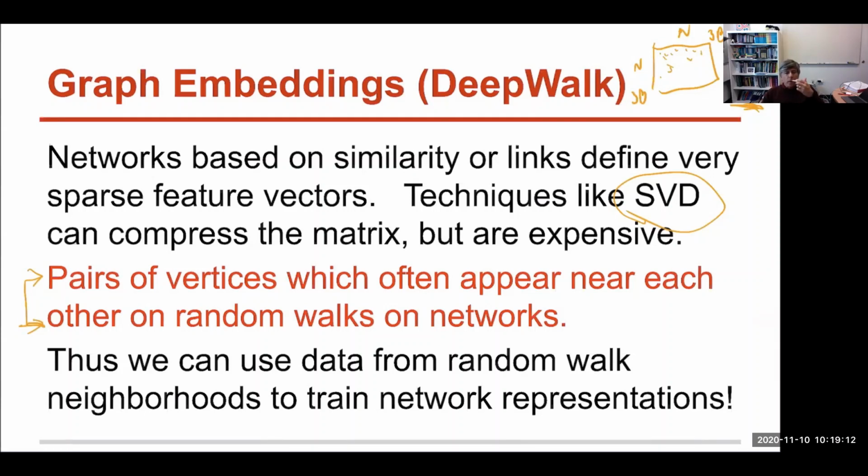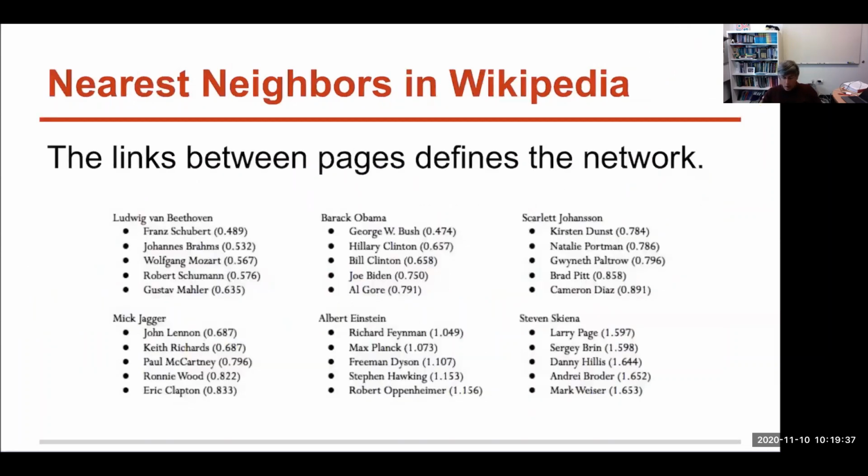And so there are techniques, which I may talk a little bit more about later, that basically will use random walks to gather information about how often each vertex goes to each other vertex. And from this, compressing it in the right way, you can train an interesting network representation. Okay, here are some examples of what happened when we took Wikipedia.